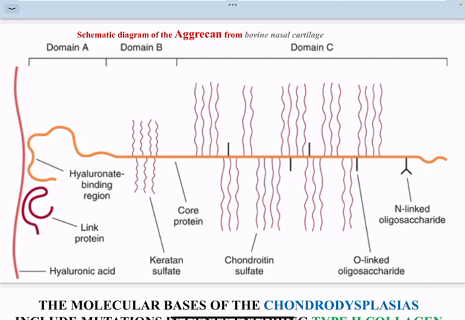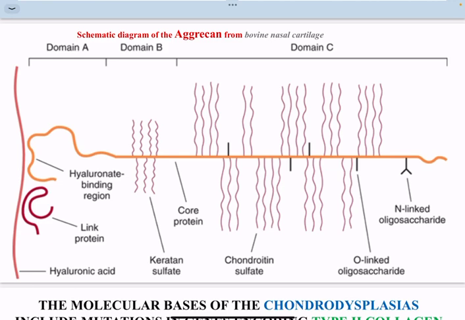It contains hyaluronic acid as well as a structure of polysaccharide. And here we can see some core proteins from that type. And here we have the chondroitin sulfate, carbohydrate structures. And collectively they will form what's called the aggregate structure. And this is taken from the fine nasal cartilage, not from the human body.